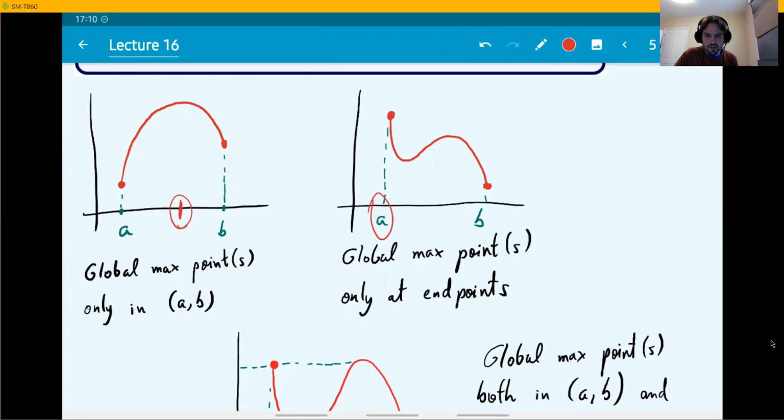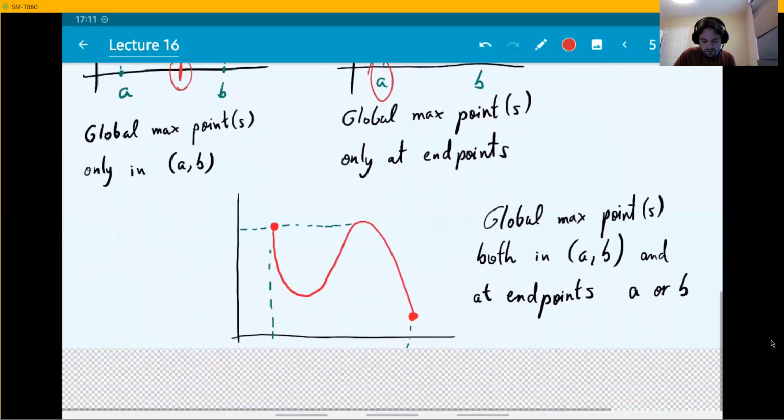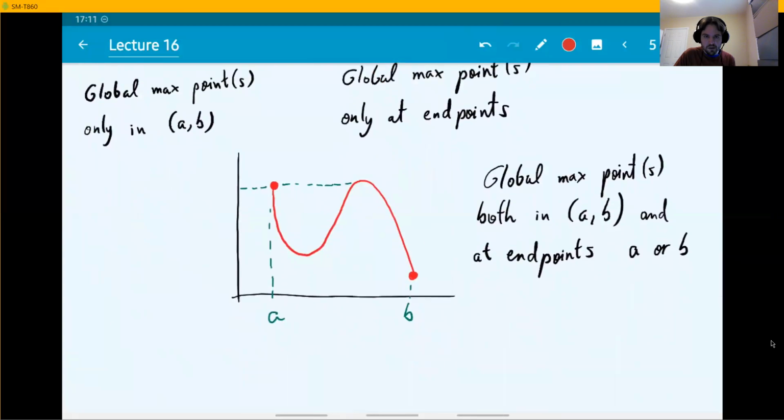This is where the function is at the largest value. And in the third picture here, I'm showing you an example where the global maximum point happens both at one of the endpoints of the interval, the number A, as well as inside, whatever this number down here is. That's also a global maximum point.